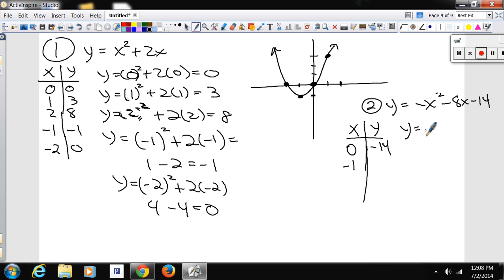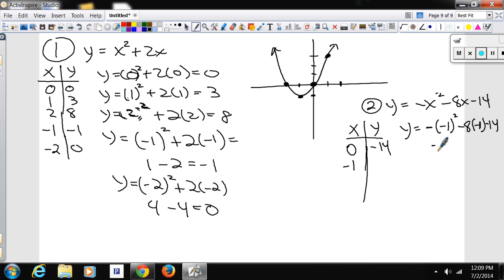Now, negative, and then we got to put negative 1 in parentheses squared because the x is the negative 1. This negative is on the outside. And then minus 8 times negative 1, and then minus 14. So you're actually going to get positive 1 here, but the negative is going to come in the answer.